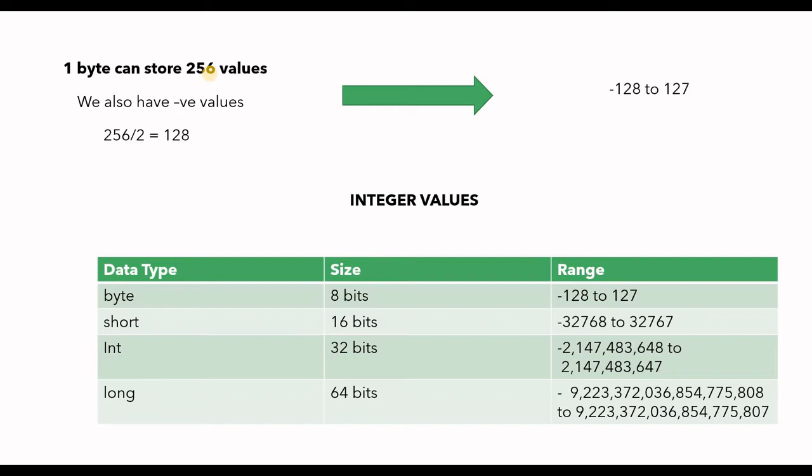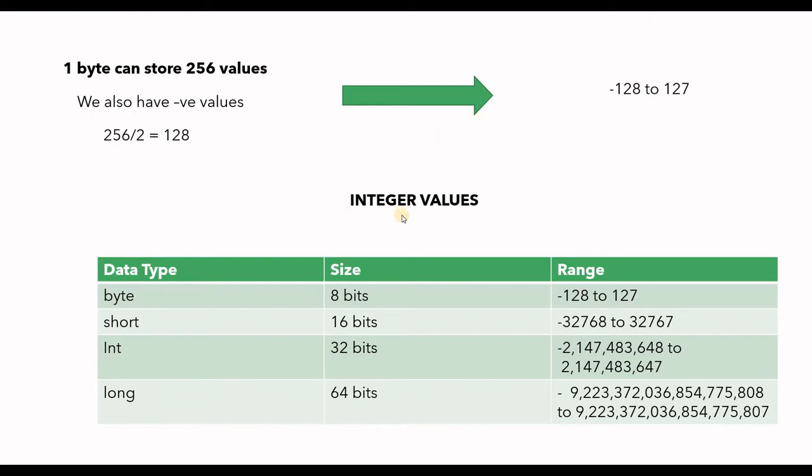But there, we also have negative values. So we divide it by 2, which comes out to be 128. So, the range is from minus 128 to 127. That is, we can store the numbers from minus 128 to 127. If you are wondering why isn't it 8 over here, then recall that we also have a 0 in between, which accounts for it being 7.